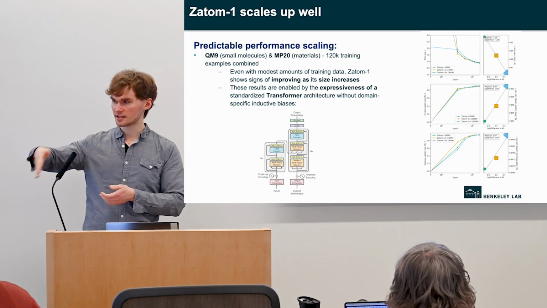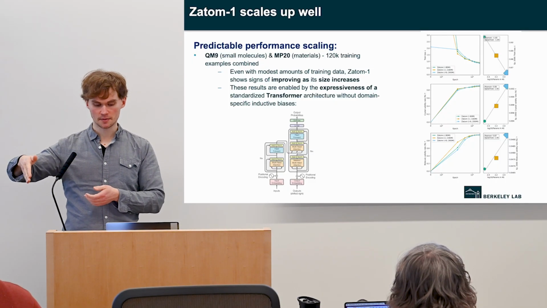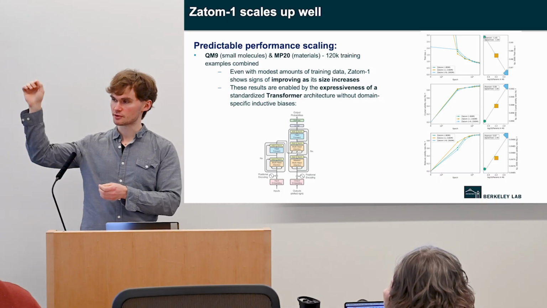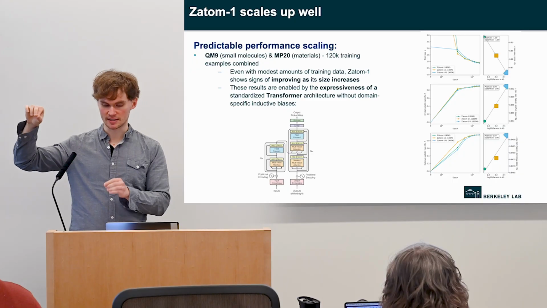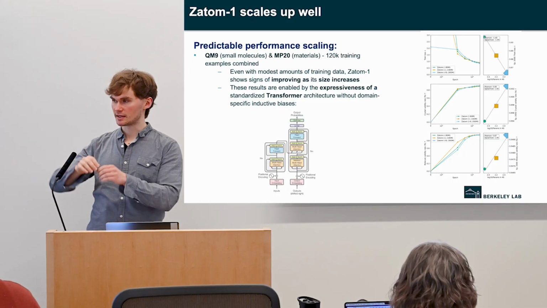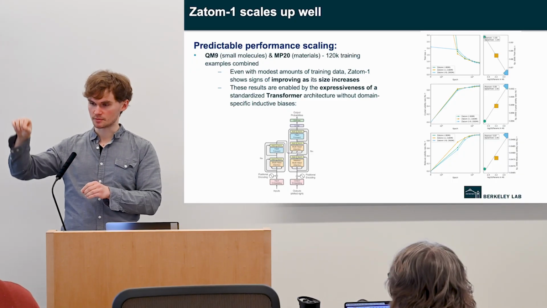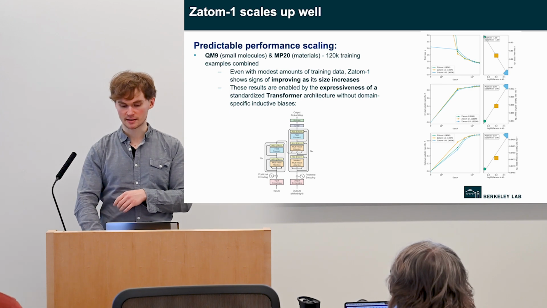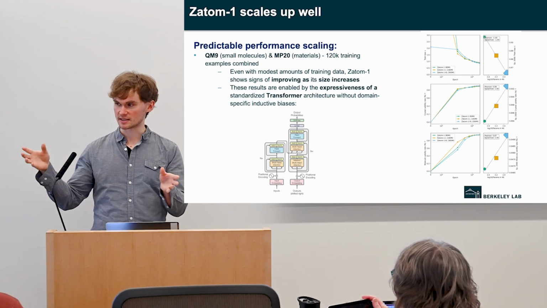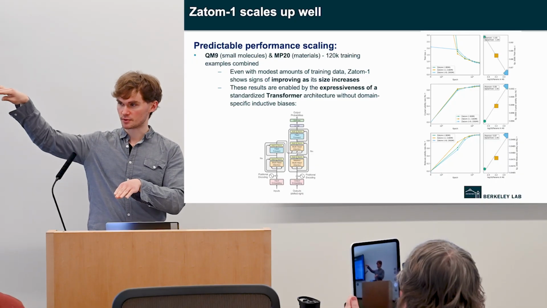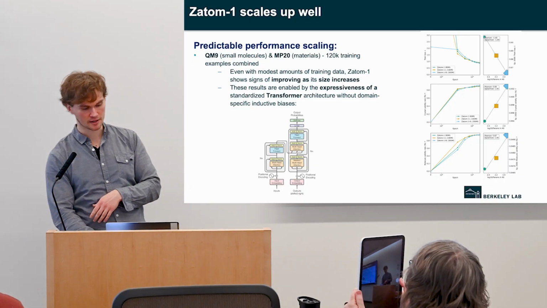Basically, we have our training loss, which we want to minimize, in the top figure. And in the bottom two figures, we have our validation metrics, which we want to maximize. And as we increase the size of our model, visualized in different shapes and colors, we're getting these statistically significant improvements in performance for all those metrics. So that's telling us that if we train this model on a larger and larger data set and kept increasing its size, we'd see performance improvements predictably. That's a really good sign for a foundation model.